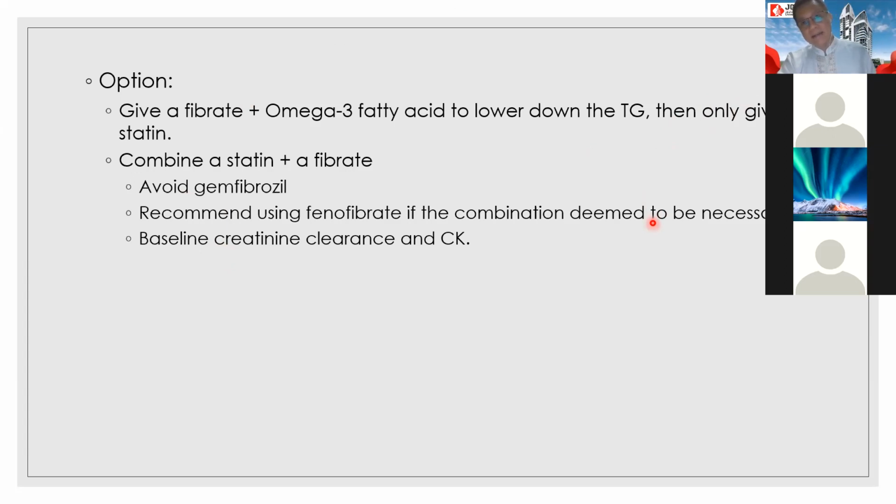The risk is higher when you have kidney disease, so if you have CKD, the risk will be higher. And why do we want the baseline CK? Because after a few months, or if the patient has muscle pain, you take the CK again and compare the baseline with the current value, because there is a risk of developing rhabdomyolysis when you combine a statin and any fibrate. If you're unlucky, you can get it.